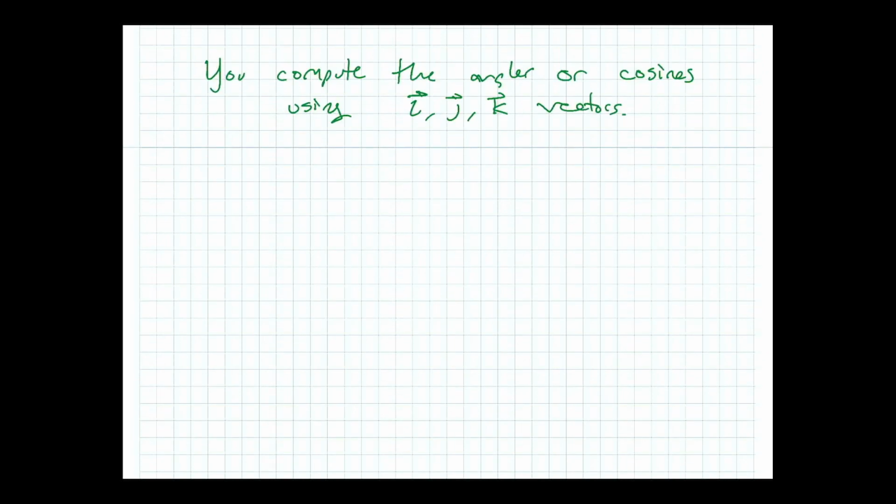I don't really want to do a whole example just because I left it off the homework. But for example, if I wanted to find the direction cosines of v, let's just give it (2, 3, 3), something like that.